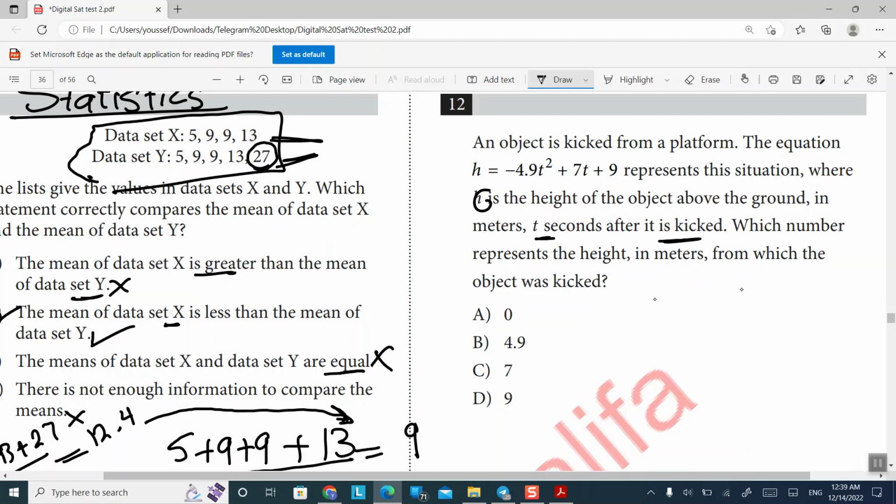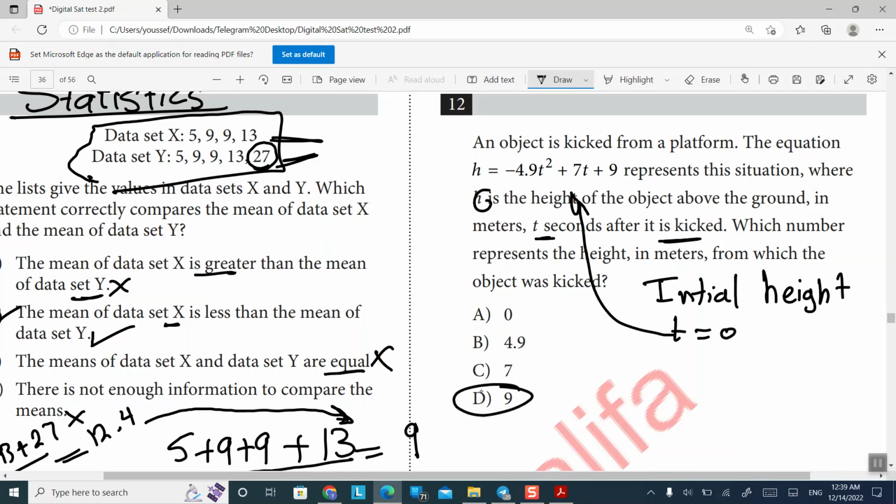So he needs the initial height from where the object was kicked, which means that t is supposed to be 0. Substituting the value in the original equation, you'll find out that the initial height is 9. So that's a quadratic question.